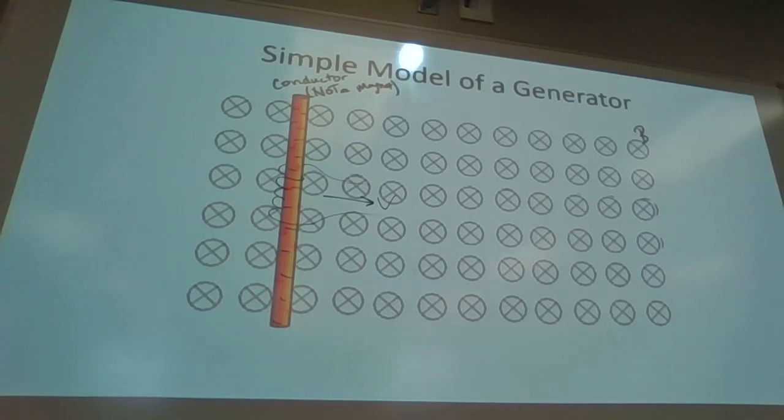Nope. So when you're dealing with particles, your thumb is the direction of velocity. When you're dealing with a wire with current, your thumb is the direction of current. We don't have current yet. We're talking about a particle, so your thumb is the direction of velocity of a particle.